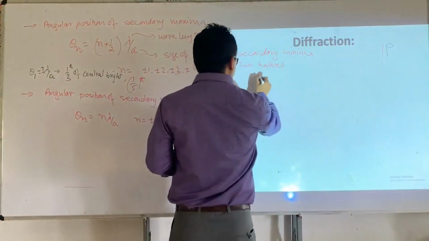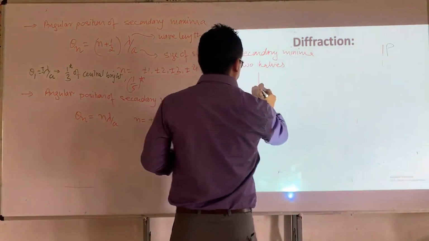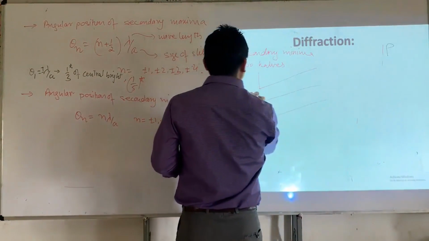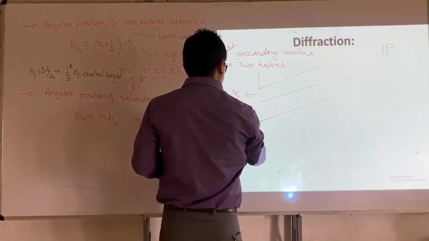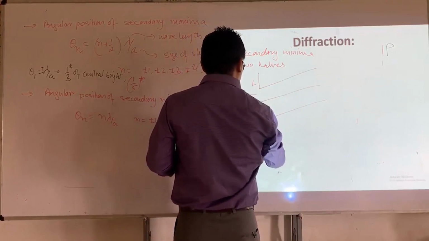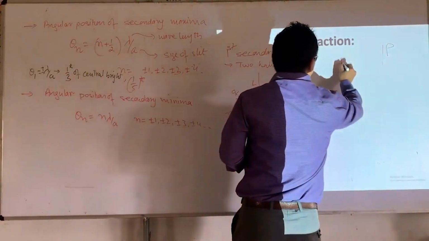So what I'm going to do is, this is going to be a by 2, this is going to be a by 2, and this is the point P.